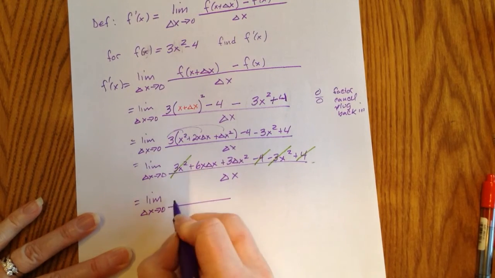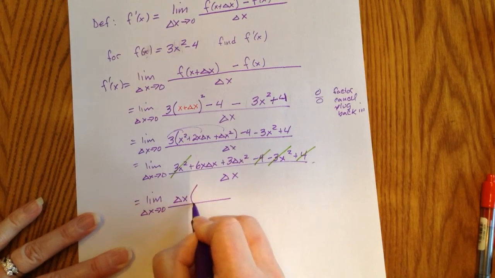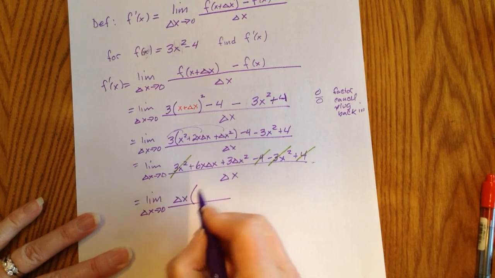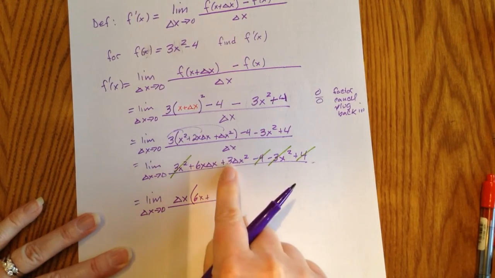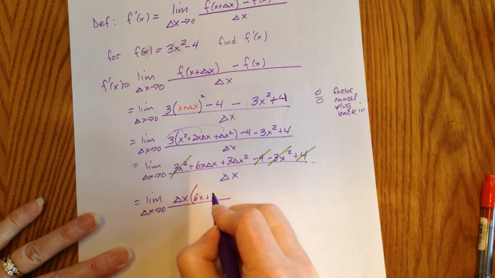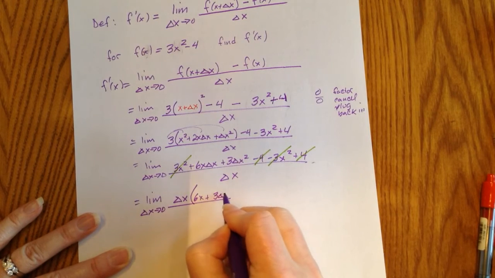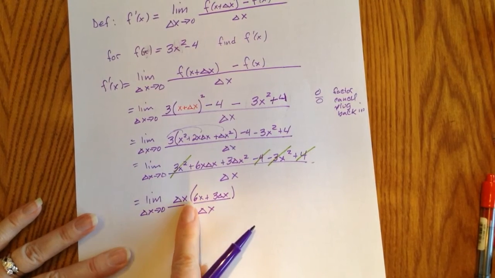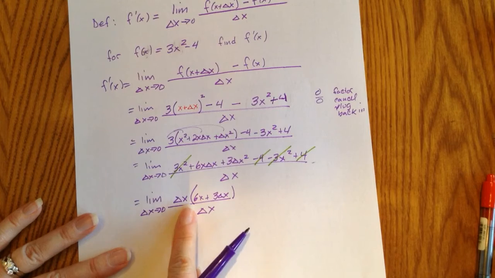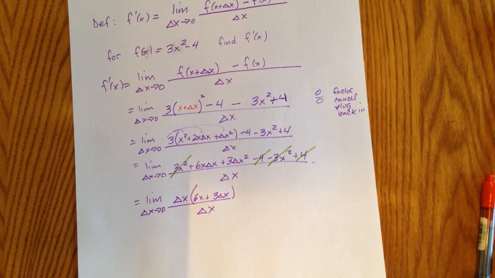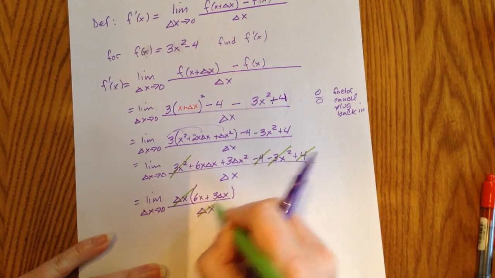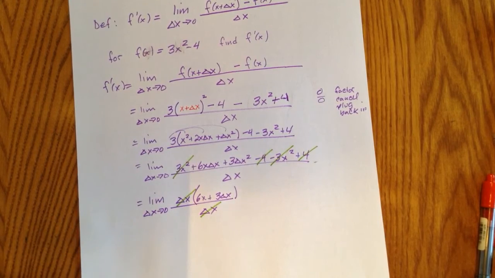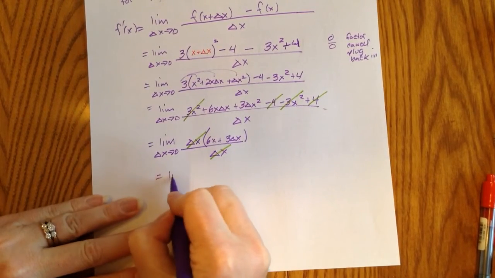So it is the delta x that we factor out, leaving behind a 6x and 3 delta x, all over delta x. That's your factoring. Do you see it? It's factored. Now that it is factored, we can cancel.